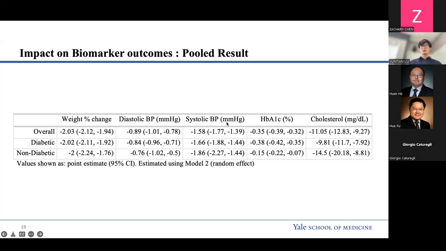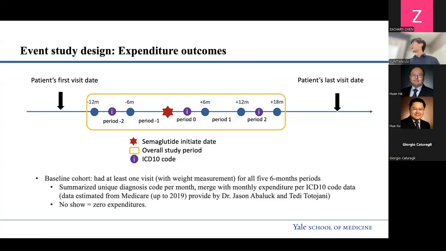For blood pressure, about 1, I think it's millimeters of mercury, and for HbA1c, around 0.4 reduction, and for cholesterol, about 10 reduction. So that's it for the clinical outcomes.